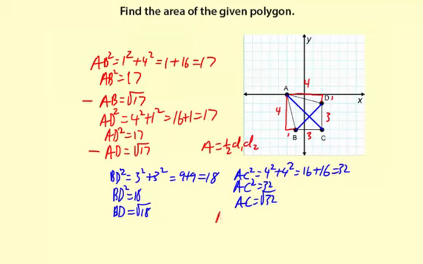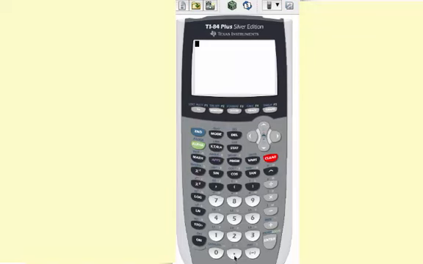Let's find that area. Area is 1/2 d1 d2, and it doesn't really matter which order you put them in. I'm going to put square root of 18 and then square root of 32. And then I'm going to do that on the calculator. 0.5 times square root of 18, right arrow, then times square root of 32, which is 12.